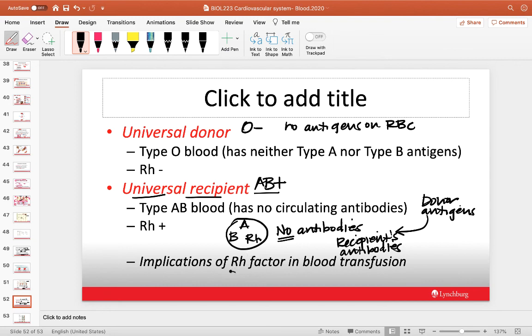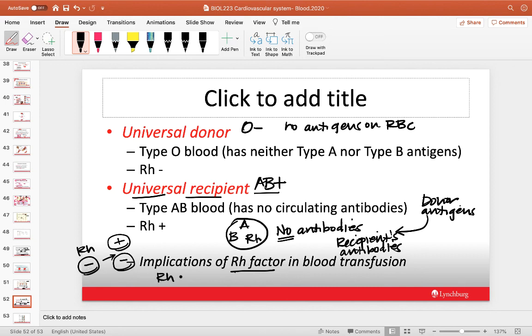So in terms of Rh factor, what we see is that if you're Rh negative, you can donate to Rh positive blood, and it's going to be okay. Or you can donate to Rh negative blood, and it's going to be okay. So negative blood can donate to either.